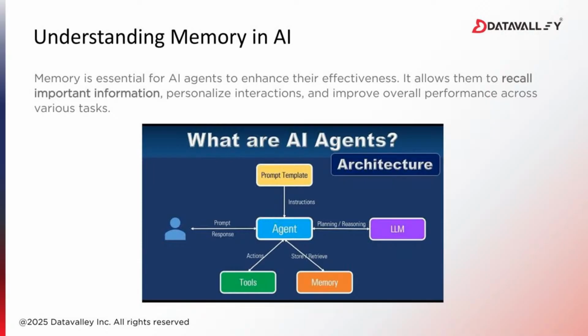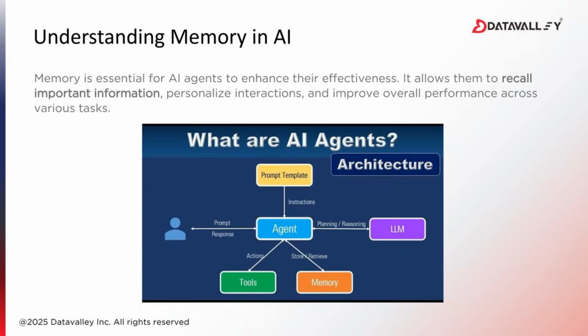Understanding memory in AI. This diagram illustrates the architecture of an AI agent, right? On the left icon, I placed a human, which represents the human who interacts with the AI agent. From this human, it is pointing to the agent, right?